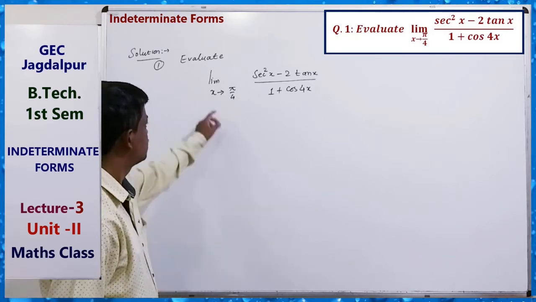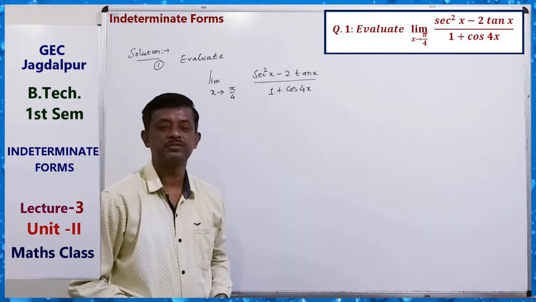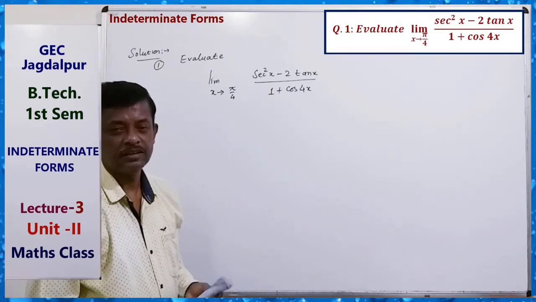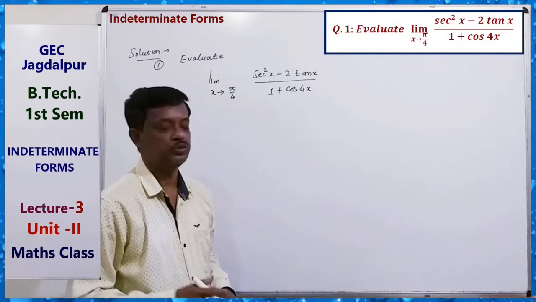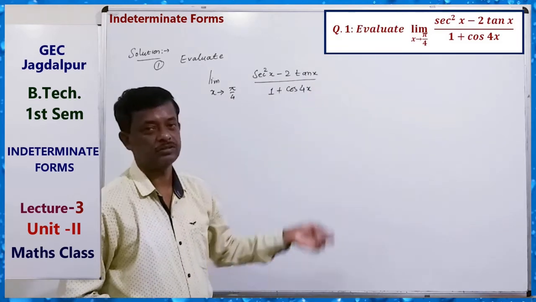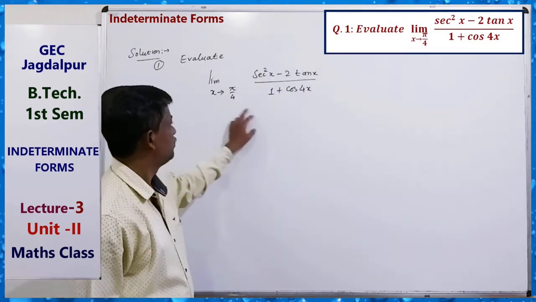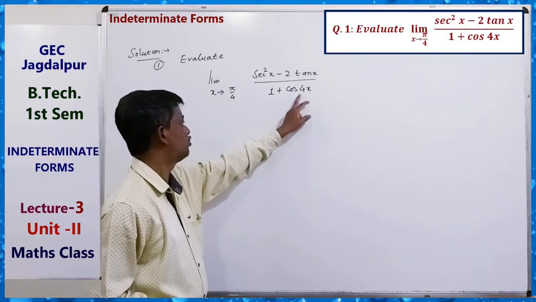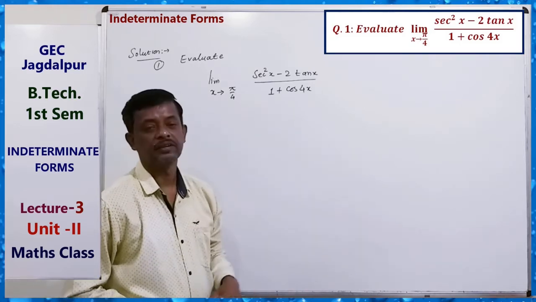It is an indeterminate form, because put x equals pi by 4 here. Cos pi by 4 is 1 by root 2, so sec is root 2, and root 2 square is 2. And tan pi by 4 is 1. So 2 minus 2 is 0, the numerator tends to 0. The denominator is 1 plus cos 4 into pi by 4; 4 and 4 cancel, cos pi is minus 1, so this is also 0.